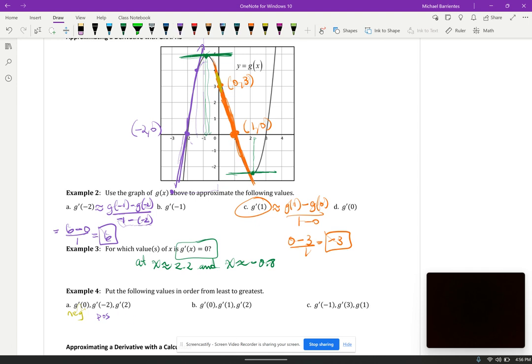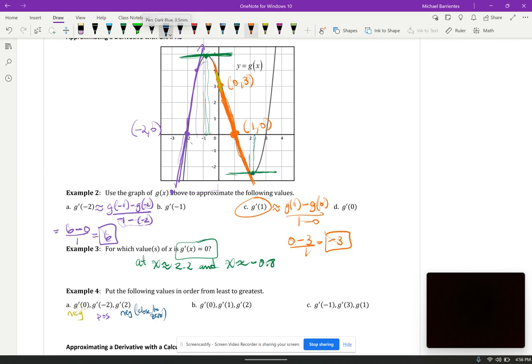Let me do another color. This one's negative close to 0. Right? We said that the derivative or the slope was 0 at 2.2. So close to that, that's pretty close to 0. Can I put these in order from least to greatest?